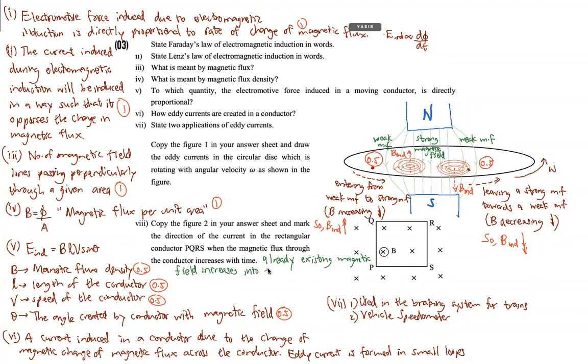So according to Lenz's law, what should happen? How should the magnetic field be induced? According to Lenz's law, a magnetic field should be induced to oppose that.